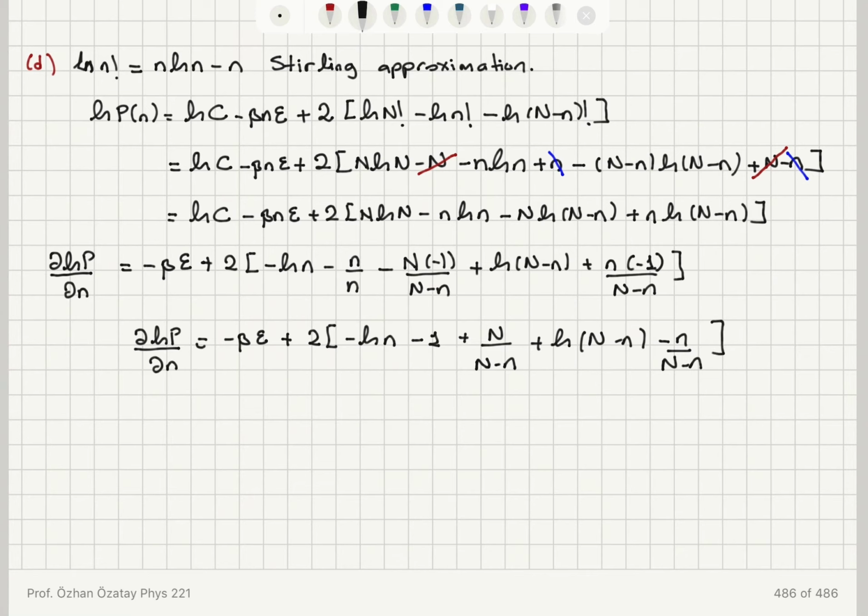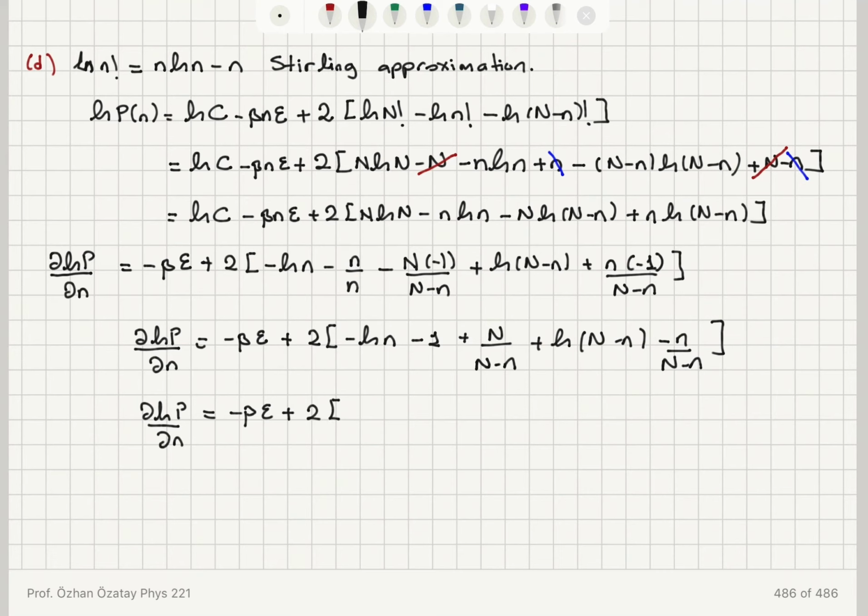You can see that this is going to become del ln p del n is equal to minus beta epsilon plus 2.